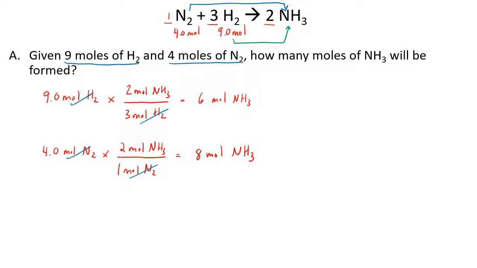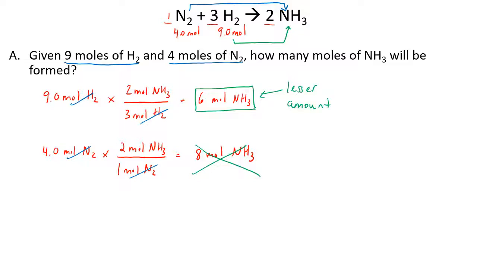Once we have the 2 amounts of product that can be possibly formed, we need to compare them. We can only form the lesser amount of product because we'll run out of one of the reactants before the other. Therefore, we're not really going to form 8 moles of NH3. We'll really form 6 moles of NH3 because this is our lesser amount.